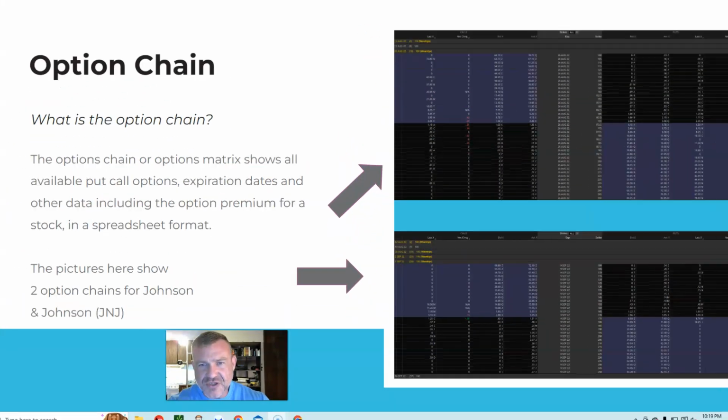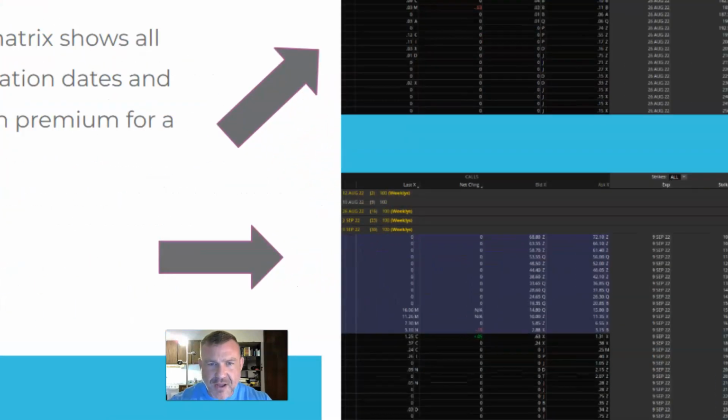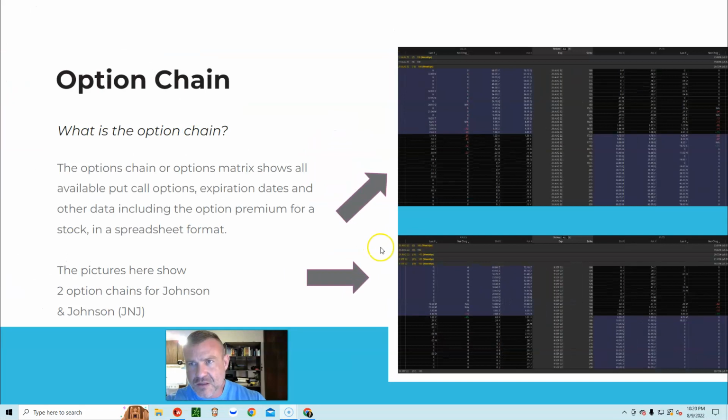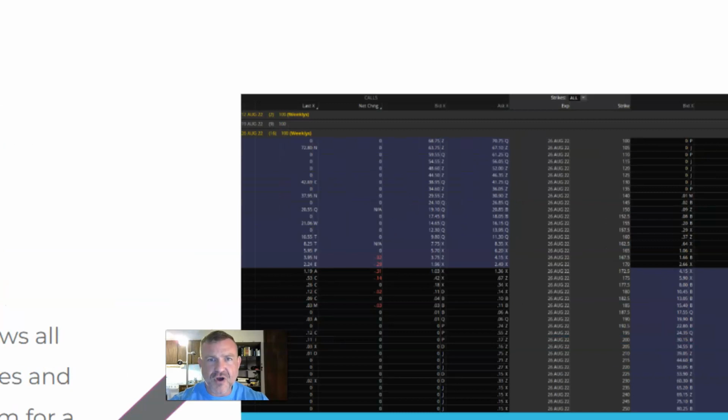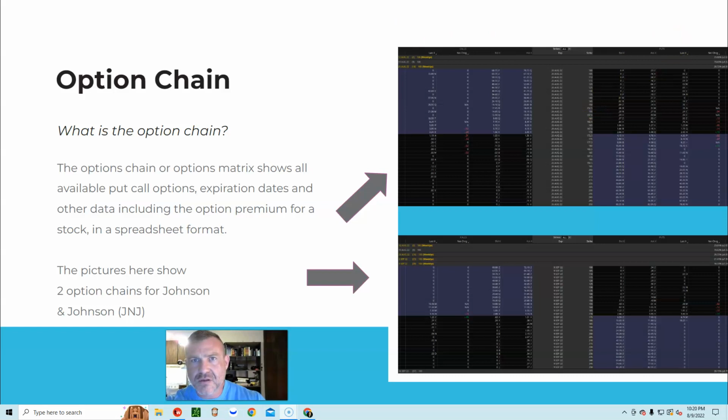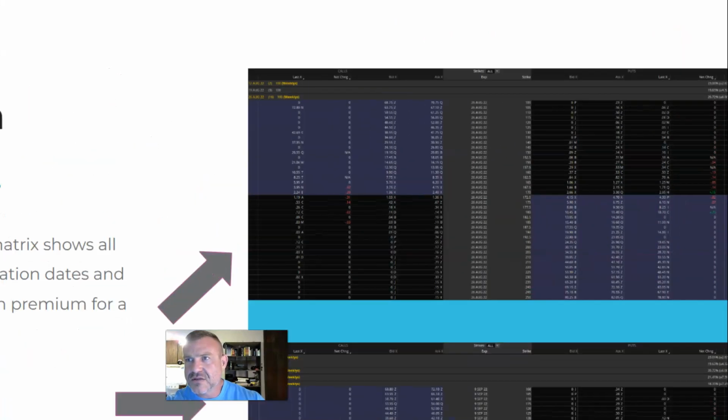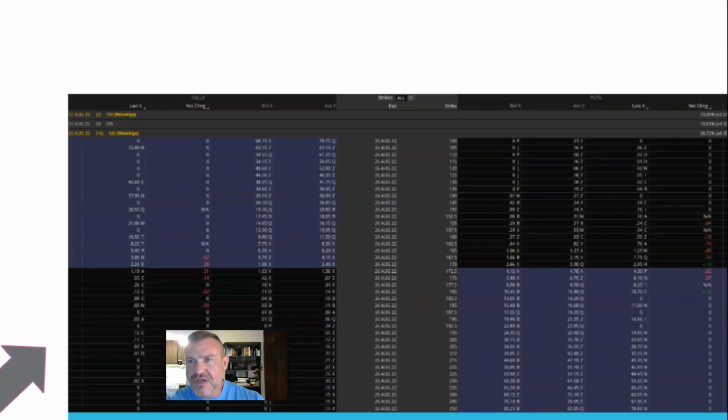And the lower picture is the option chain that expires in 30 days, September 9th, 2022. We see that it's separated into two sides. You have the call side and you have the put side.